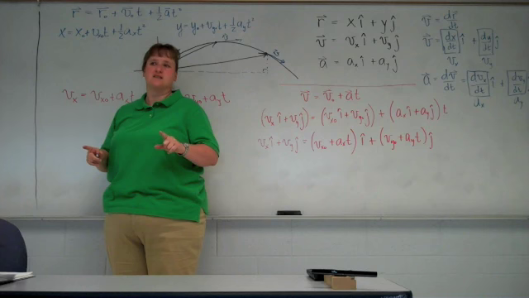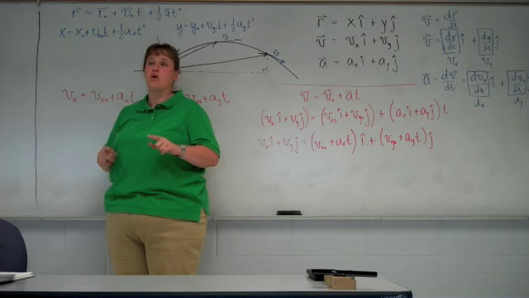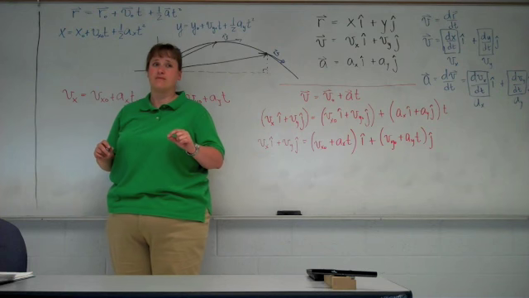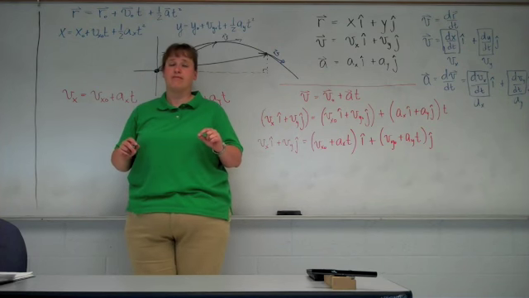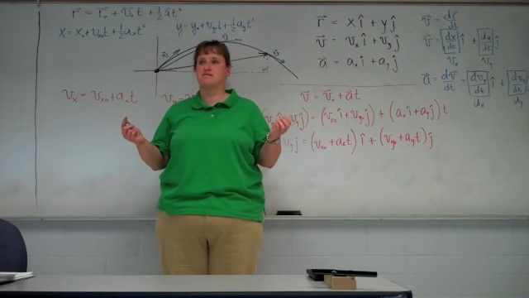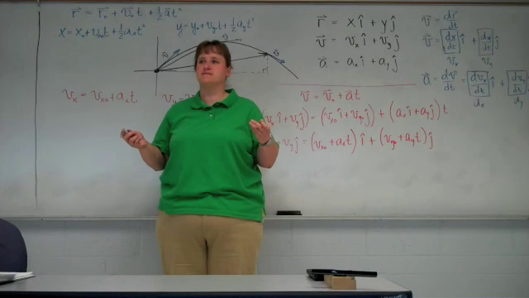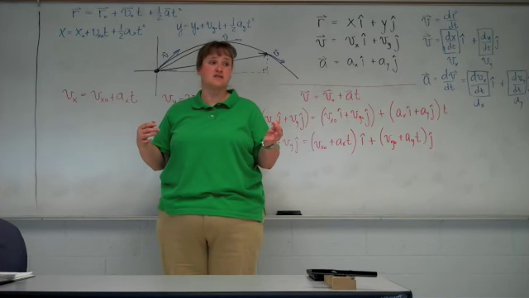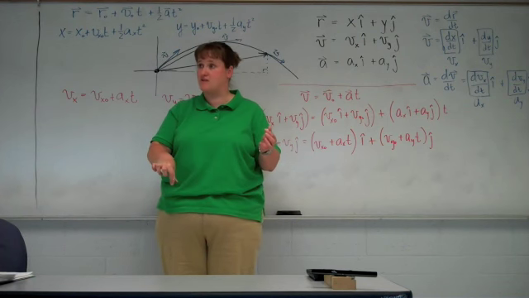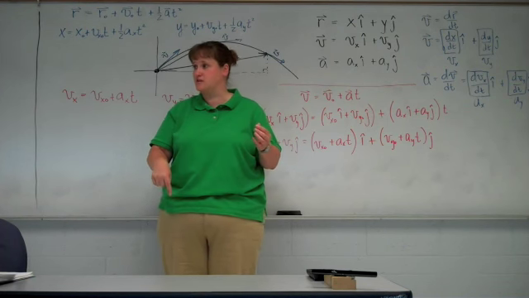What about their final velocities? Total, overall final velocity. Were they the same? No. What determines velocity? Speed and direction. So number one, they weren't headed the same direction. One fell straight down, so its final velocity was straight down.